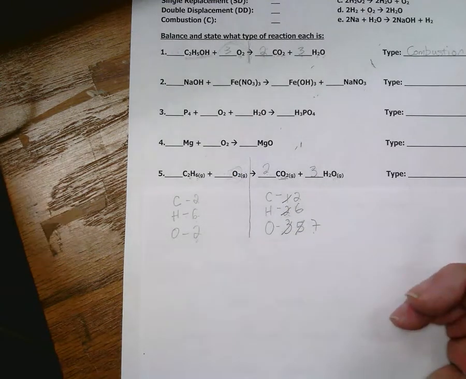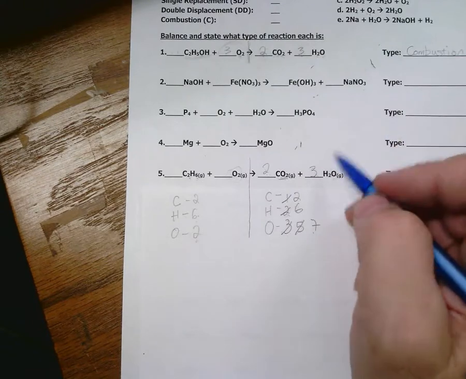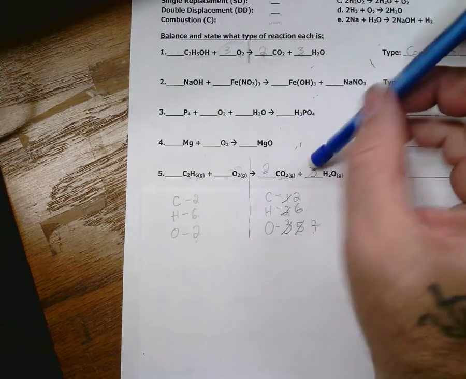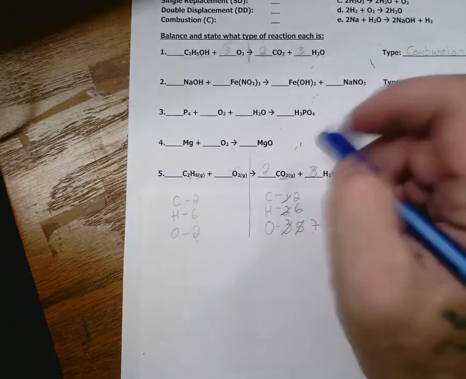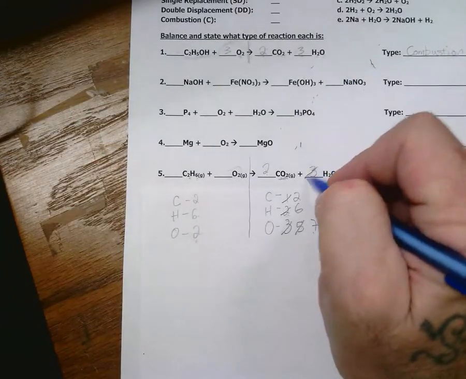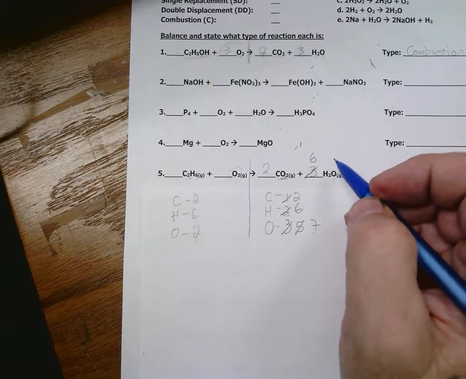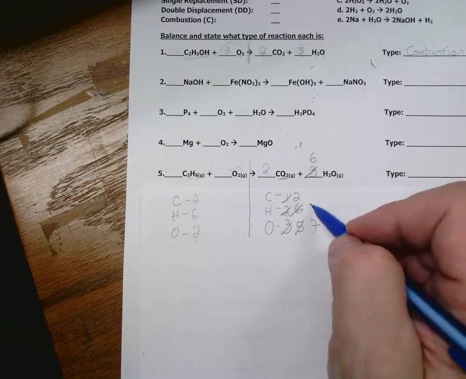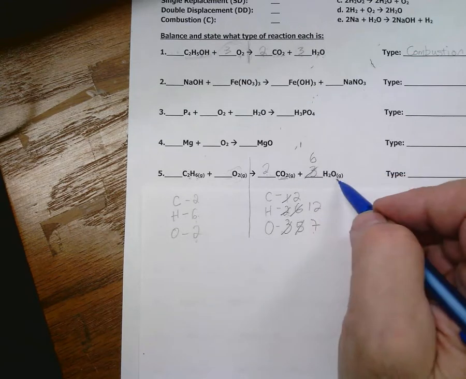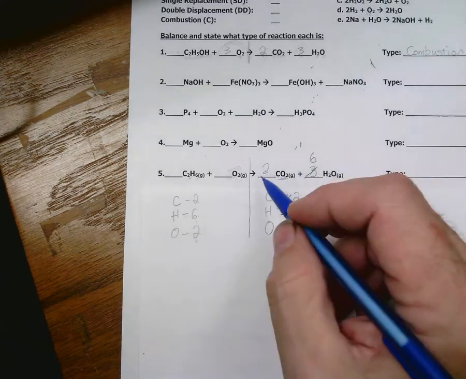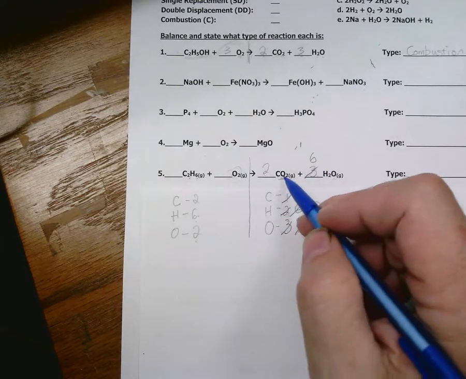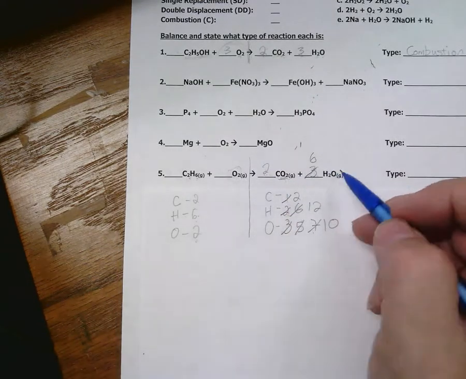So what I'm going to do is multiply this times 2, multiply that 3 times 2, and I'm going to try a 6 here. And it's going to change all my numbers. Now I have 12 hydrogens, and now I have 6 oxygens plus 4 oxygens equals 10 oxygens. 2 times 2 is 4. 6 times 1 is 6.